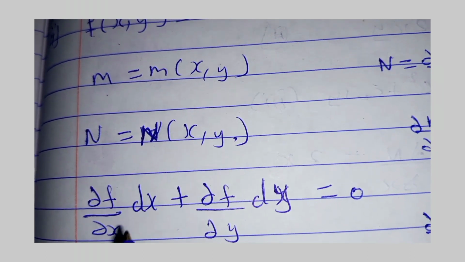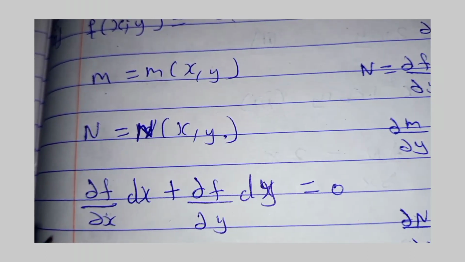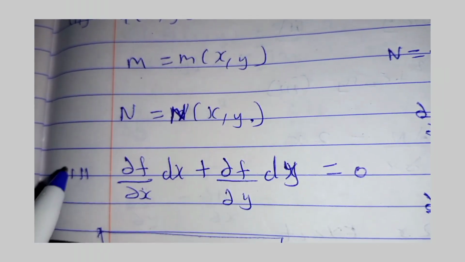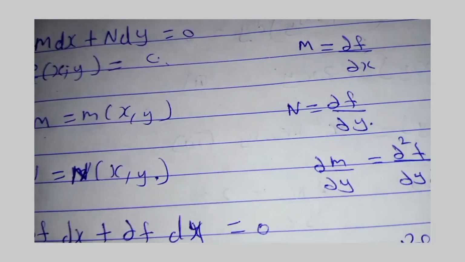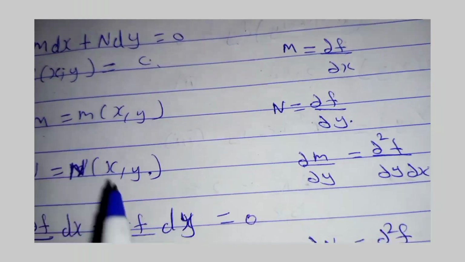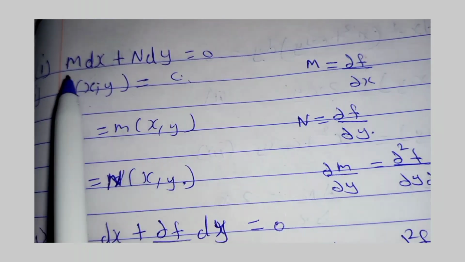Then comparing this total differential equation, which is a consequence of equation 2, we call it 3. Then we are comparing equation 3 and equation 1.